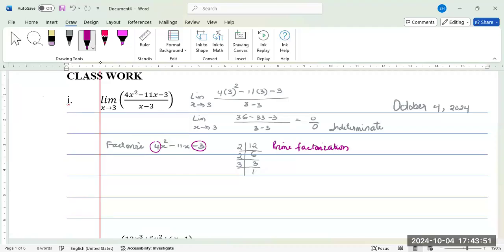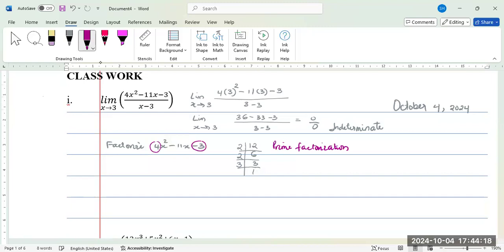I'm given a quadratic expression, 4x squared minus 11x minus 3, to factorize. I'm going to multiply the coefficient of x squared by the constant term. The coefficient of x squared is the number in front of x squared. The coefficient of x is the number in front of x.